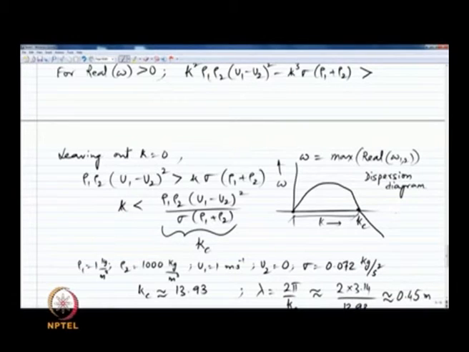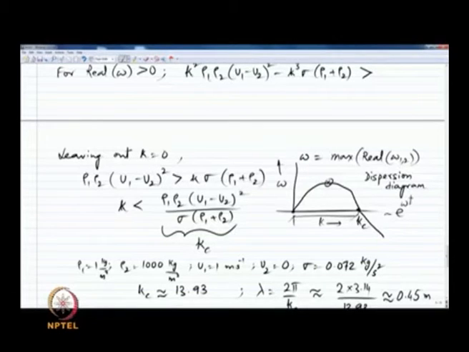Remember, all our growth is of the form e power omega t. So, if all of the waves would grow exponentially in time, some waves have higher growth rate than others, as one can see from this dispersion diagram.